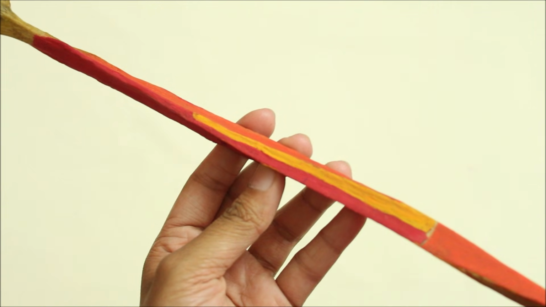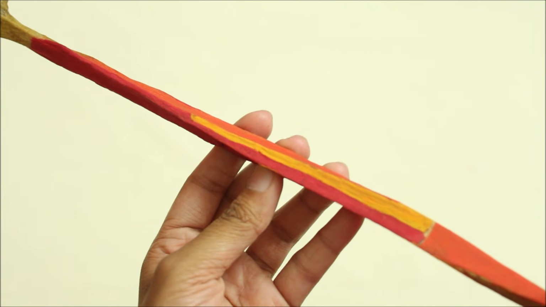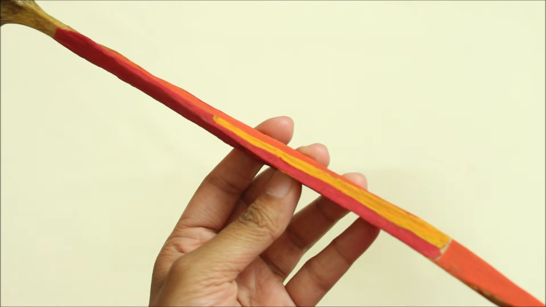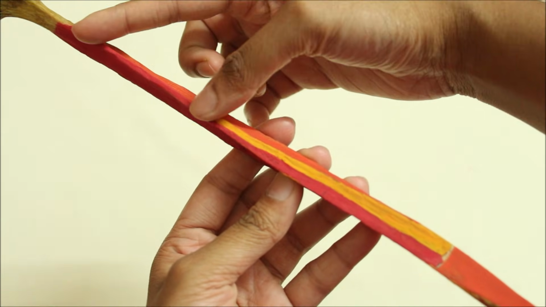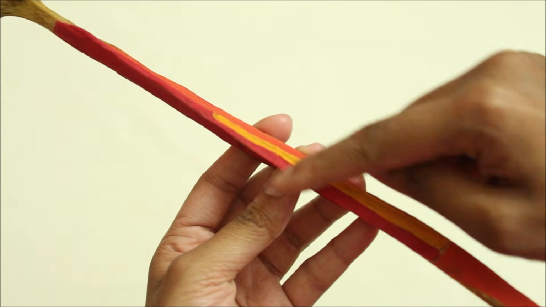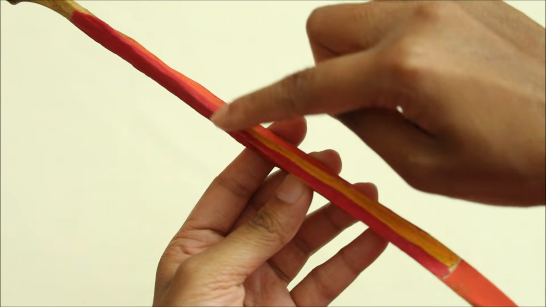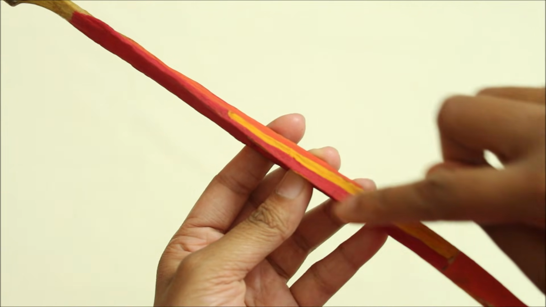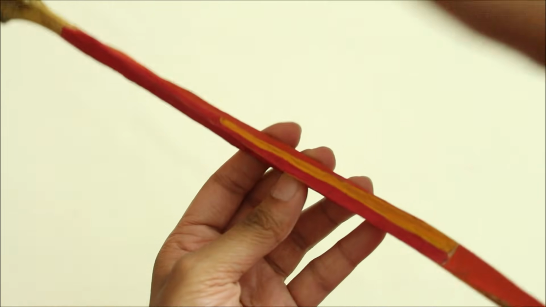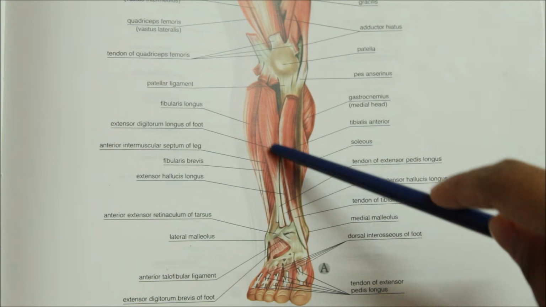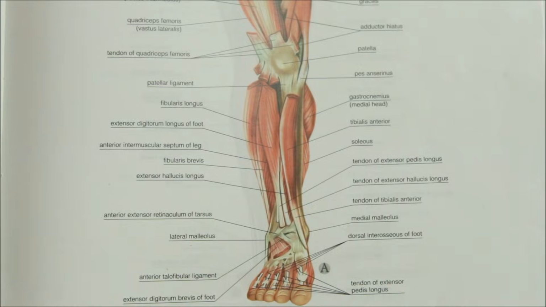Beginning with the attachments on the surfaces of the shaft, the medial surface of the shaft gives origin to the extensor digitorum longus in its upper 1/4 and the anterior half of the middle 2/4. The red color right here symbolizes the extensor digitorum longus. This muscle is the extensor digitorum longus.